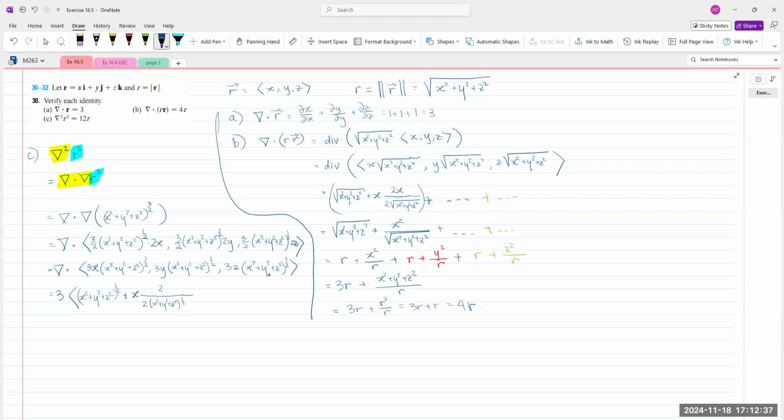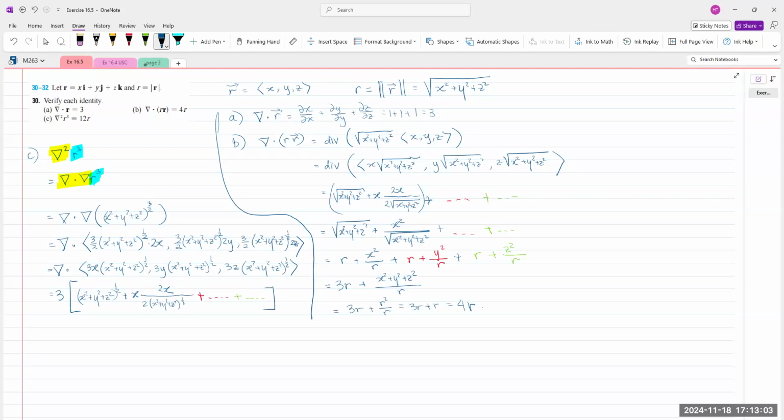On the numerator we have 2x. Plus the similar thing, let me change the color, plus the similar thing. You work it out.